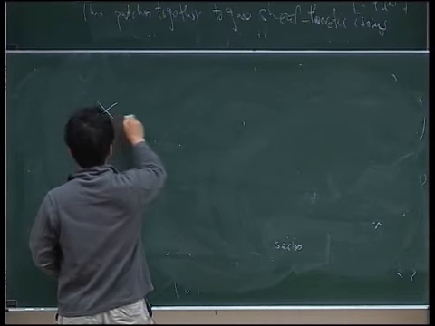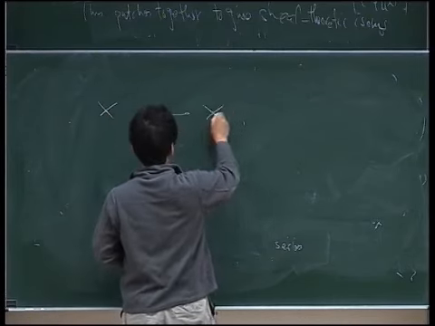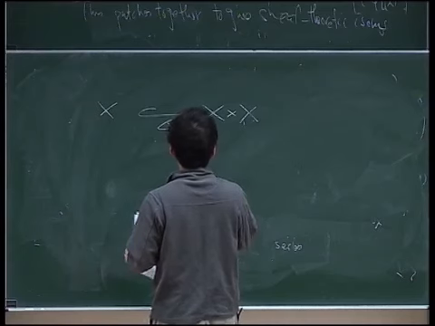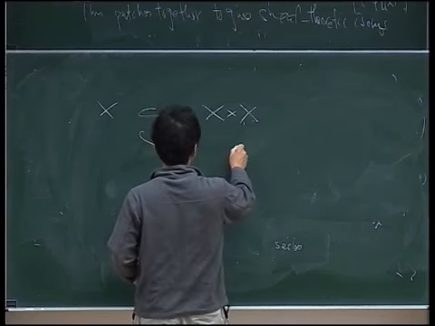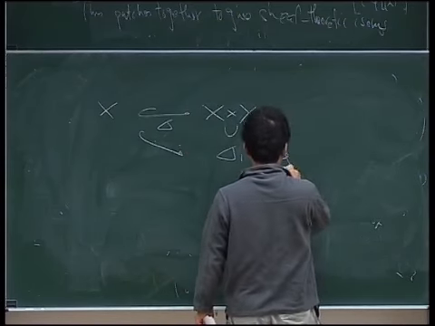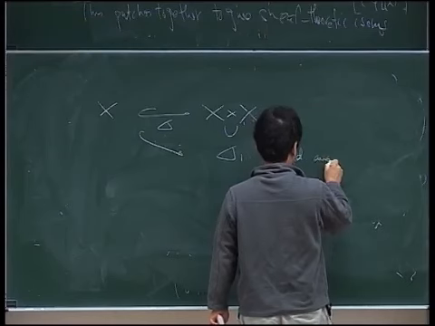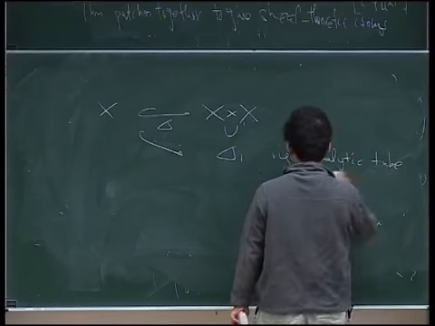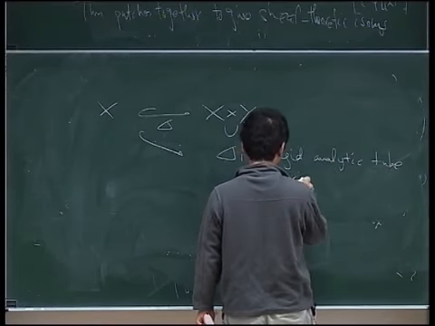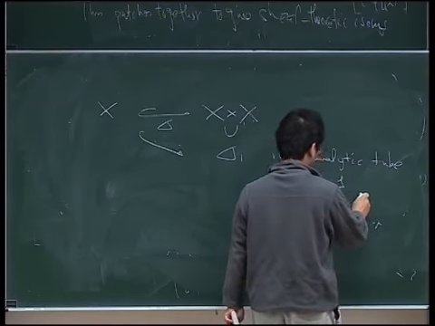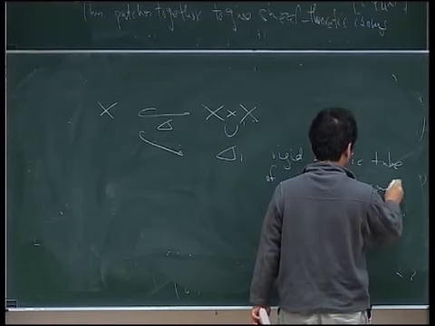X has a diagonal embedding into X cross X, and inside here, we denote by delta sub 1 the rigid analytic neighborhood, the analytic tube of radius 1 around the diagonal delta.